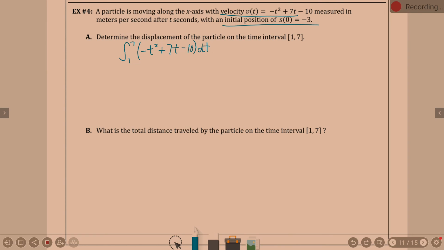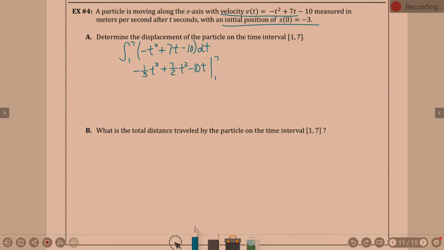I'll write down the integral, but I'm not going to have time to find it. Integral of negative t squared plus the integral of 7t minus the integral of 10, all evaluated from 1 to 7.